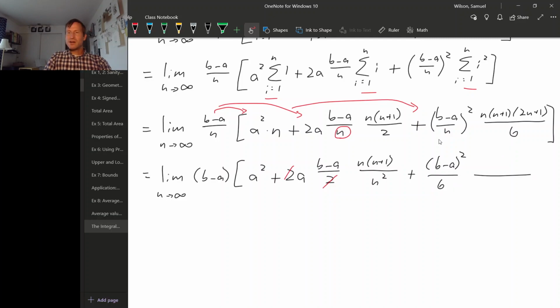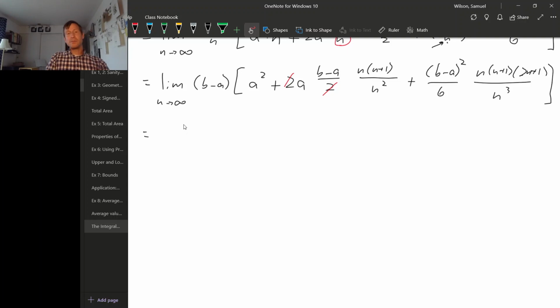In the denominator, there's 2 factors of n right here. Remember, this n down here gets squared. And then also the factor of n in the denominator that we're distributing, so that's an n cubed. And then in the numerator, there's n times (n plus 1) times (2n plus 1). All right.